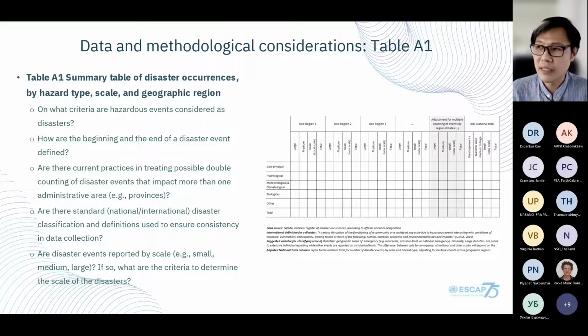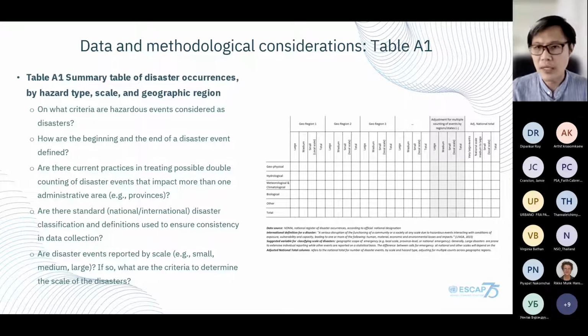And the scale of these disasters is important in terms of disaster planning and budget planning for risk reduction and response, so it's quite important to be able to classify types of disaster by scale. Again, this is to see how the statistics could be more relevant to disaster planning. Of course, we have to see how that would come up in terms of the current practices.